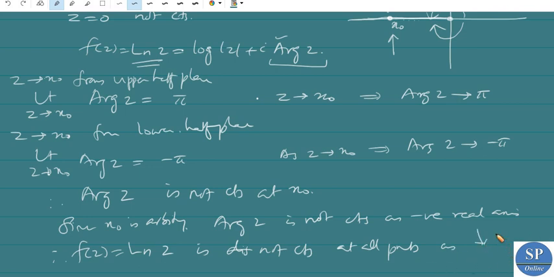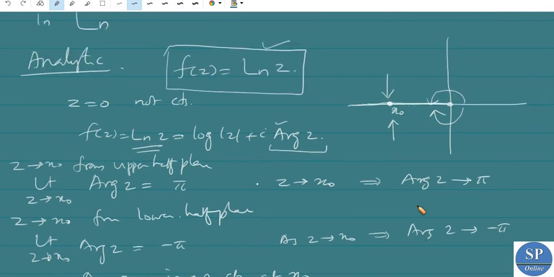Okay, so what we have said now is that this function ln of z is not continuous at the origin and it is not continuous on the negative real axis.